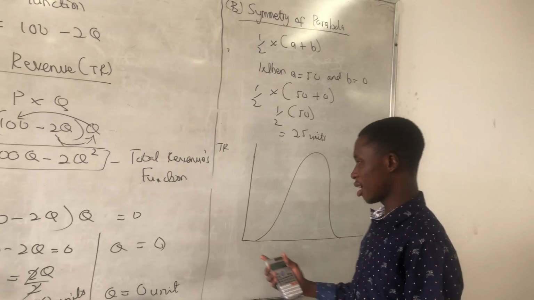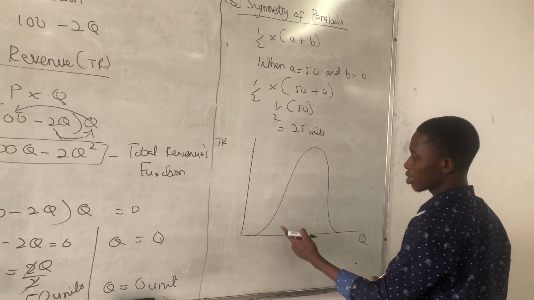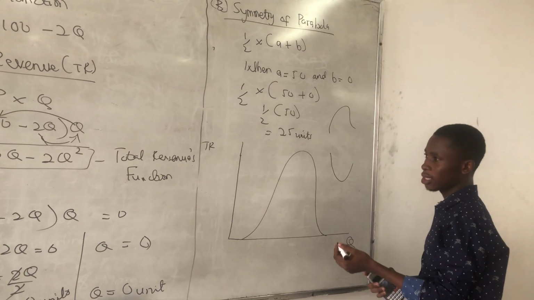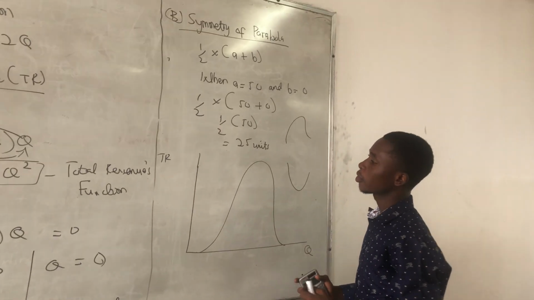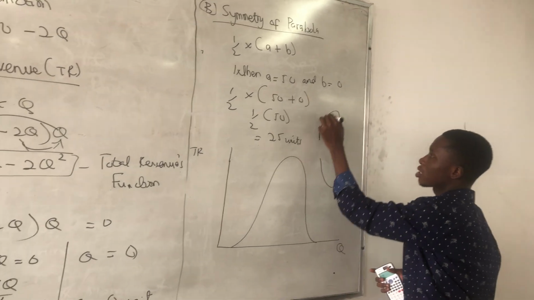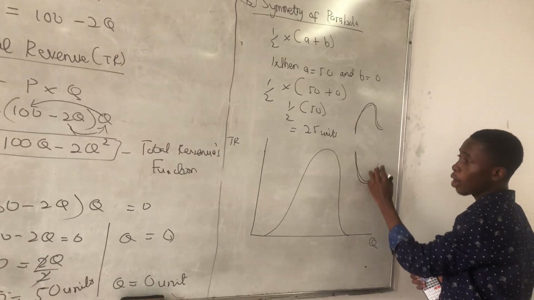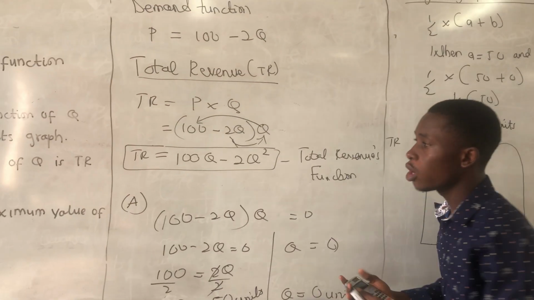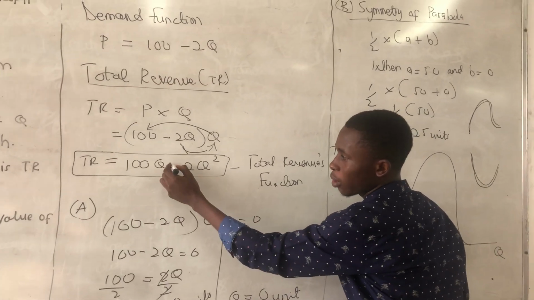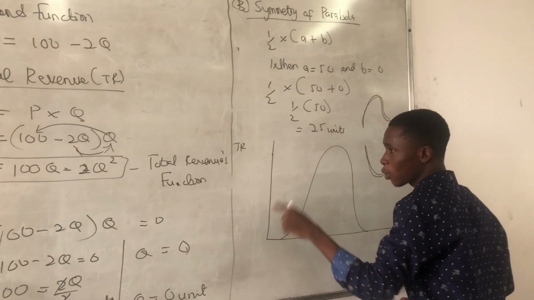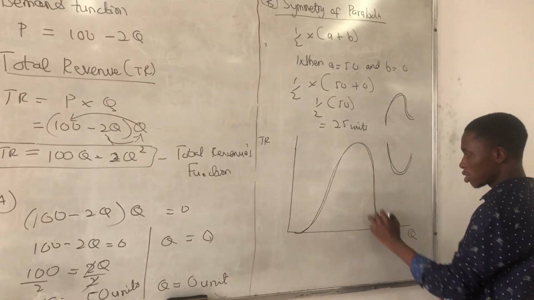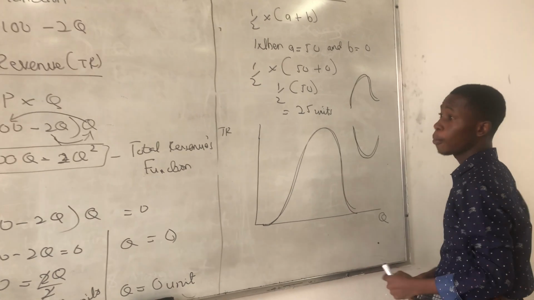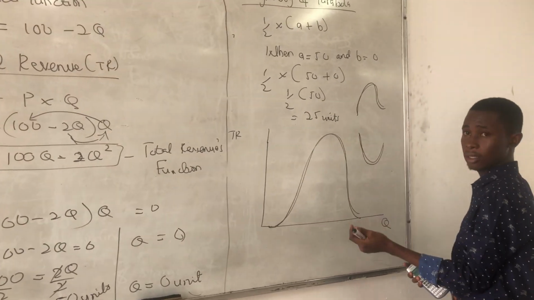One might ask why the curve is a U-turn but not a downward one. If it has a maximum, meaning a negative coefficient of Q, we have negative 2Q here. We draw the curve in this format because it has a negative coefficient of Q, which is negative 2. Most of the time, this curve is always this way.